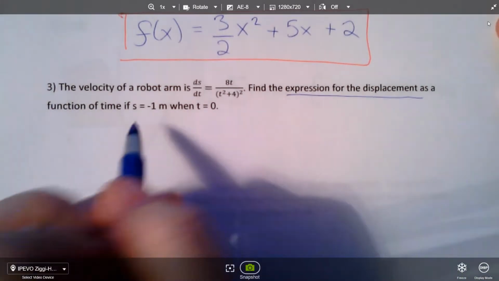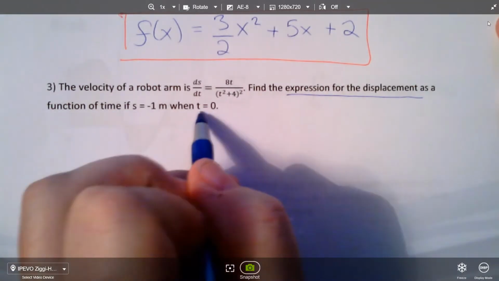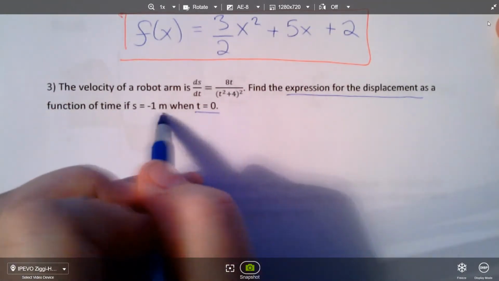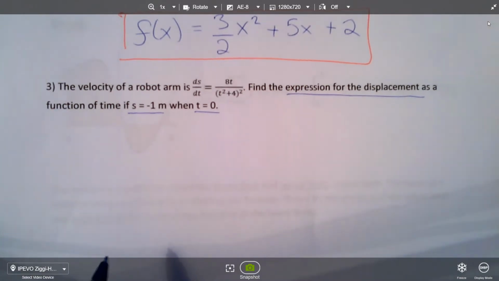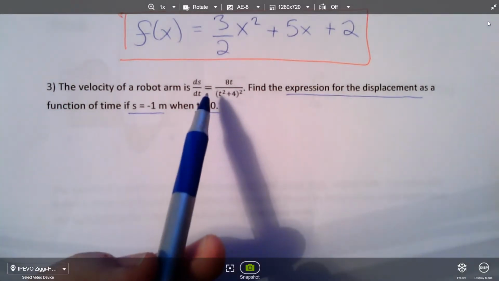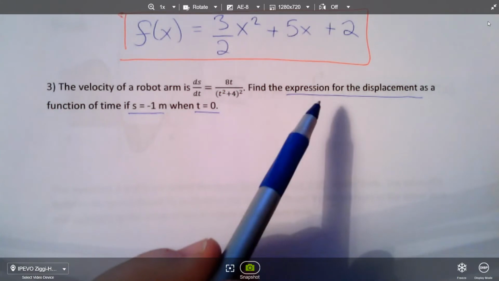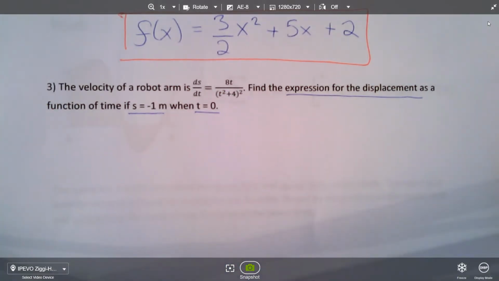As a function of time, if we know that at t is 0, it's 1 meter behind what we consider its starting point, okay? So its displacement is minus 1 meter at t is 0. Okay, so we know how we're going to have it move in terms of speed. What we want to know is how we can figure out where it's going to be in terms of displacement after a certain amount of time.